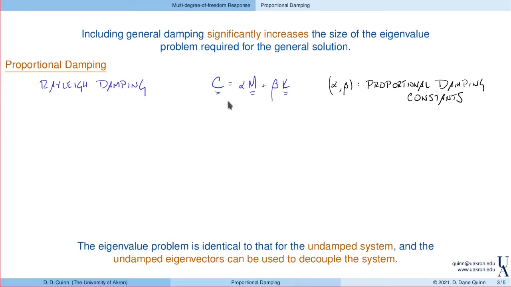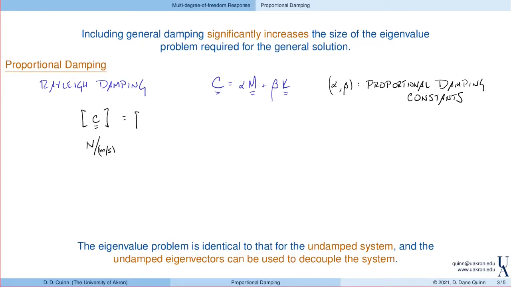I will notice that if you look at these damping constants, alpha and beta, they have units that are a little unusual, right? So here, the unit of the damping is newtons per meters per second, force divided by velocity.